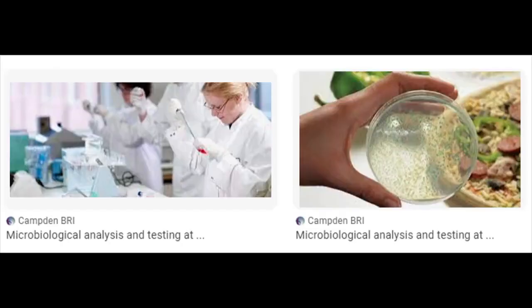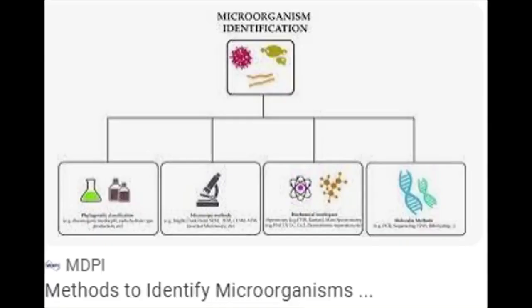I think you get it now. Most of the time, testing for the indicator is cheaper, but testing for the main organism causing harm in the food is expensive. So what you just do is look for the indicator. Once you see the indicator, you tell them, don't eat this food until we complete the test.